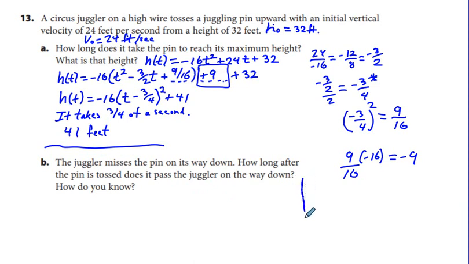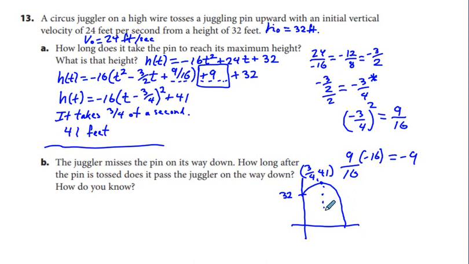So we can make a little sketch here. In this sketch, we have the juggler's position at 32 feet above ground, and we have the pin going toward the ground, and we reach its vertex, which is the point 3/4, 41.